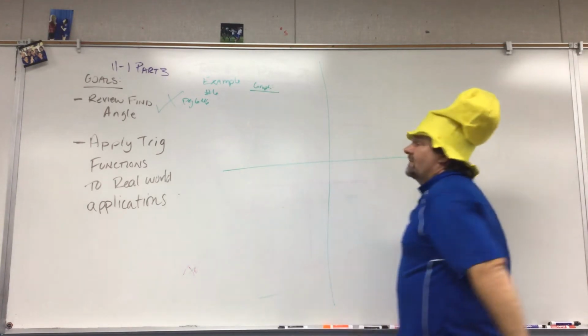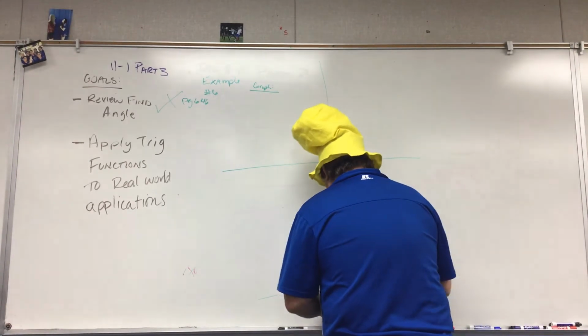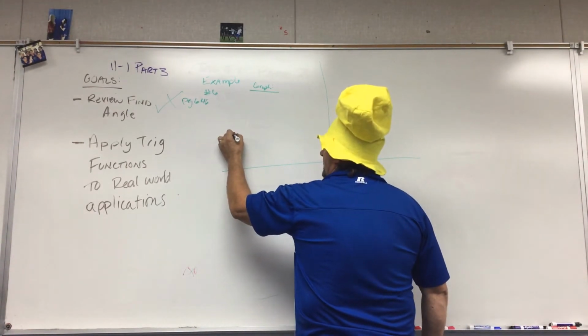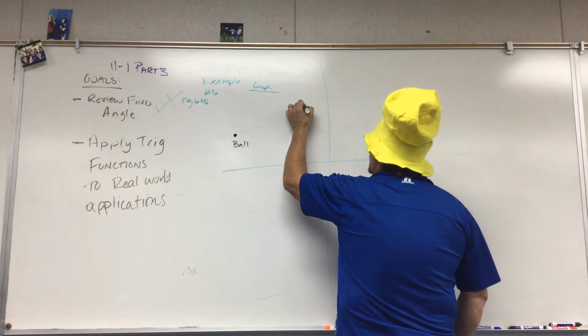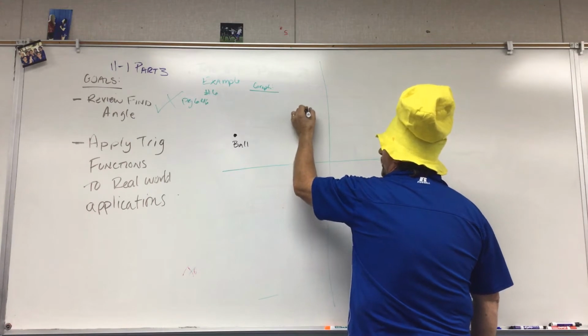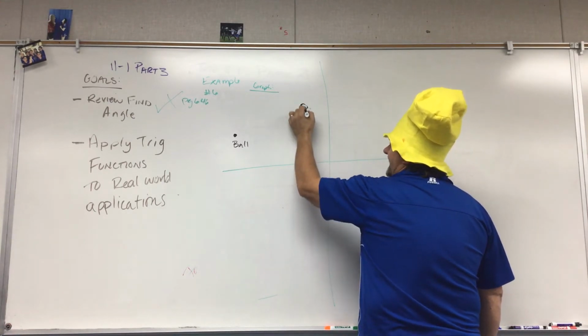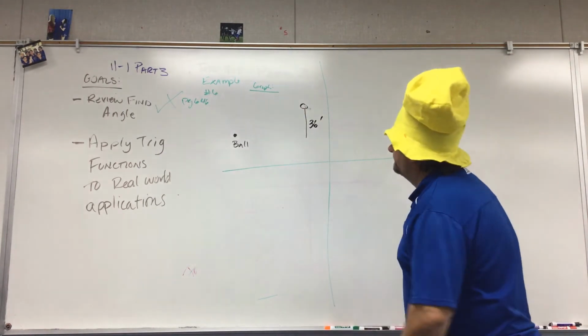So we need our graph right here. What's our graph look like? Our graph looks like this. It talks about a golfer who's hitting a ball up to a pin or a hole. We'll draw the hole here, a hole that's 36 feet above it.